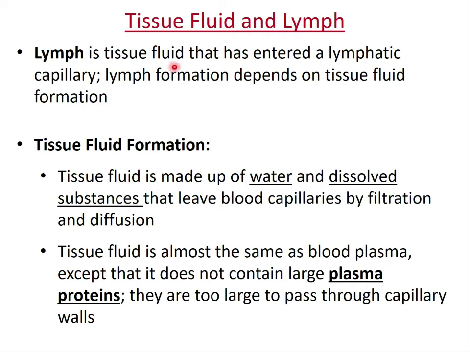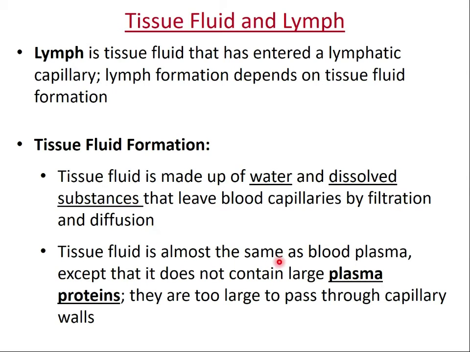Lymph is tissue fluid that enters the lymphatic capillary. Lymph formation depends on the tissue fluid formation. So any excess fluid in the interstitial space will be picked up by the lymphatic system. Usually this tissue fluid is made up of water and any dissolved substances that leave the blood capillaries by filtration and diffusion.